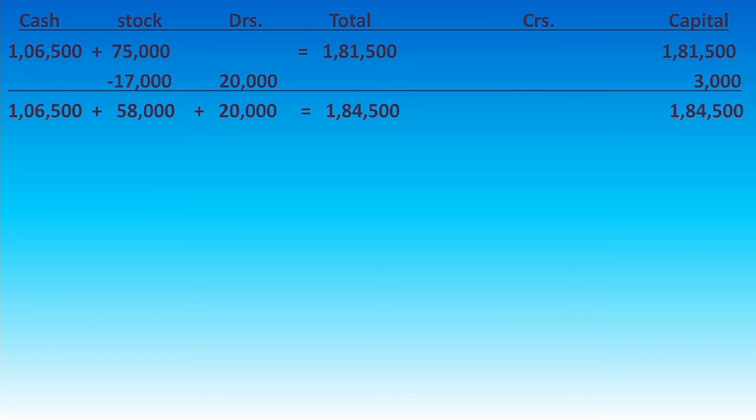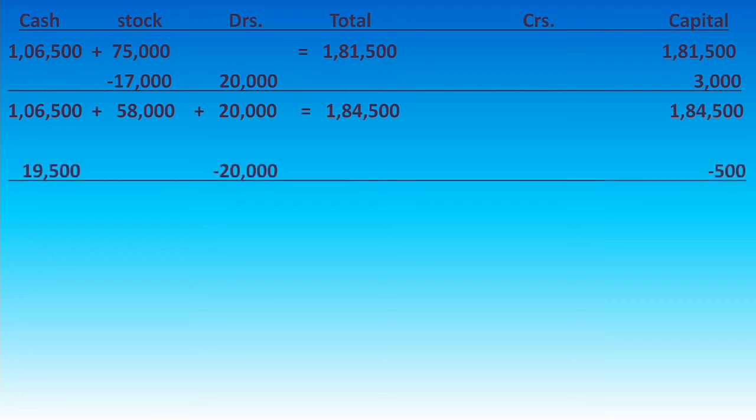Now the sixth one. Received cash from Manish in full settlement 19,500. Then cash balance increased by 19,500. So we can add 19,500 to the cash balance, then 19,500 in the cash column. Here we have received 19,500 for full settlement.